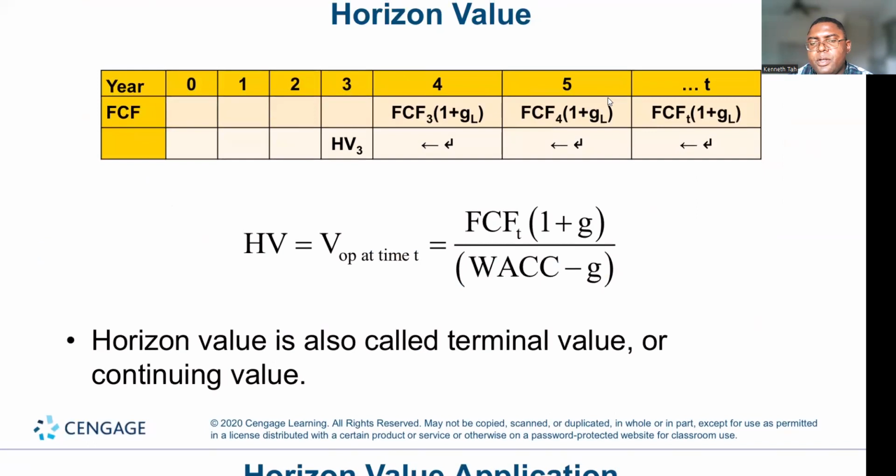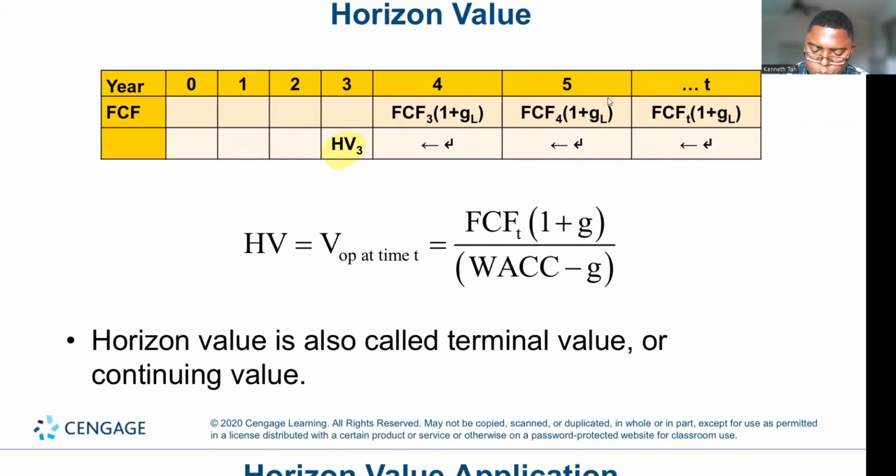And then for the period for which it becomes constant, we'll use the constant model in calculating the value. So if we look at this, we are going to calculate the value at year 3 that is going to capture the free cash flow for year 4, year 5, year 6, up to infinity.